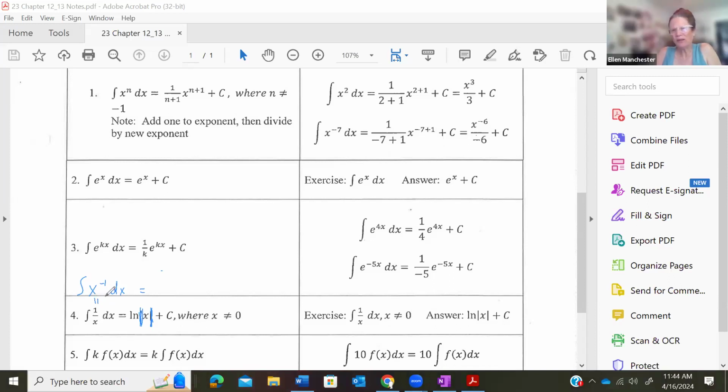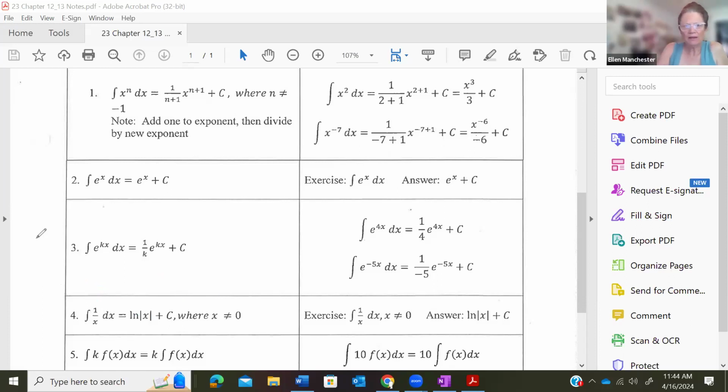You have to remember that. That's going to be really important for you to remember. Okay, so even if you have x to the negative 1, that's still going to be ln absolute value of x plus c. Okay, so maybe in your notes, put 1 over x is the same as x to the negative 1. And then the antiderivative is ln of x.